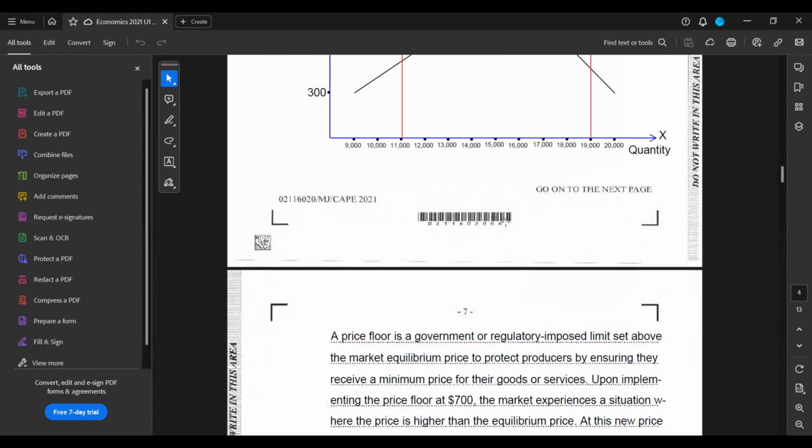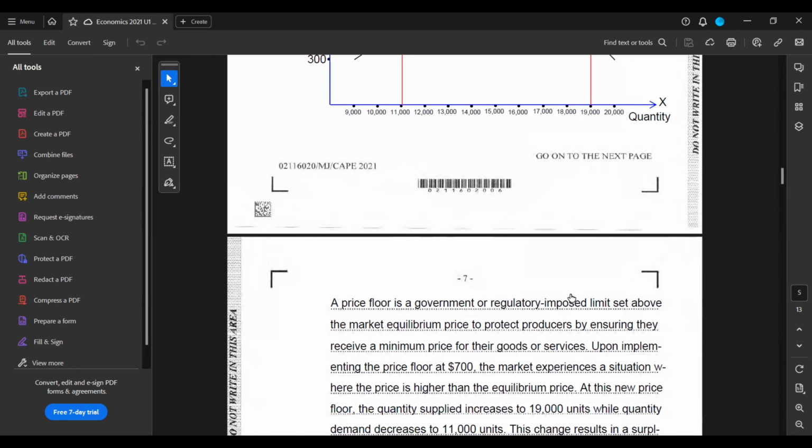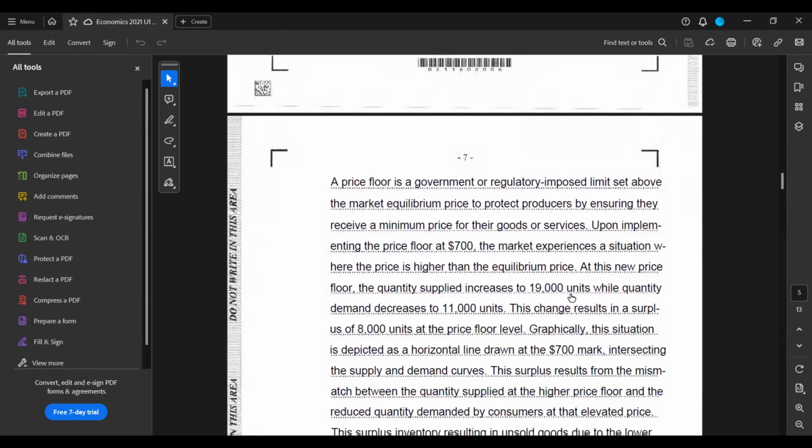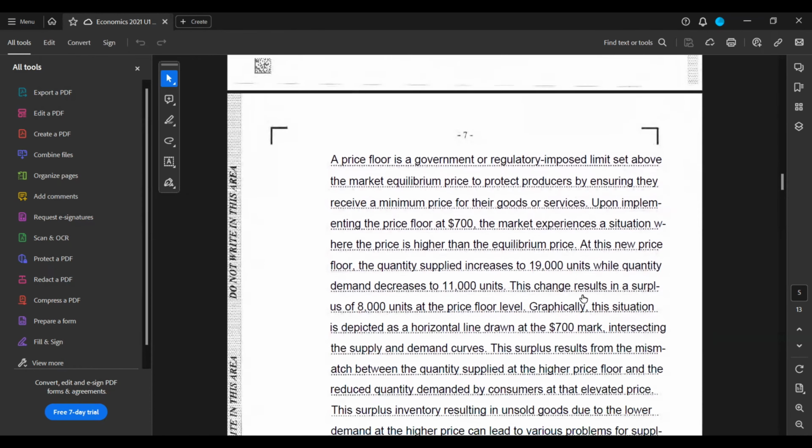A price floor is a government or regulatory imposed limit set above the market equilibrium price to protect producers by ensuring they receive a minimum price for their goods or services. Upon implementing the price floor at 700, the market experiences a situation where the price is higher than the equilibrium price.